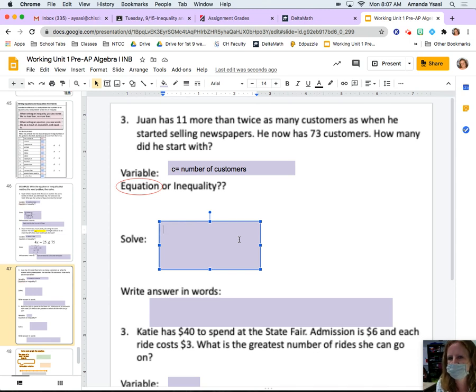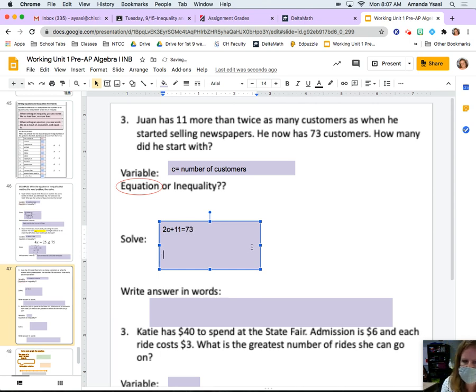So 11 more than twice as many customers as he first started with. So when we do twice as many and we have 11 more than, we actually have to do the twice as many customers plus 11. Or it could be vice versa. Equals 73.